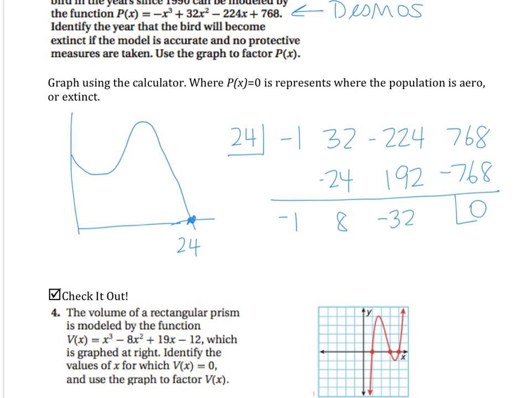Okay, then that remainder, if it's factorable, so I have a negative x squared plus 8x minus 32, which I'll factor out a negative 1.